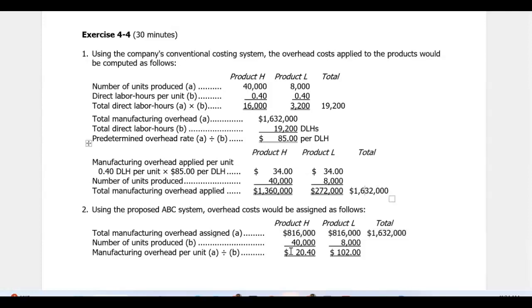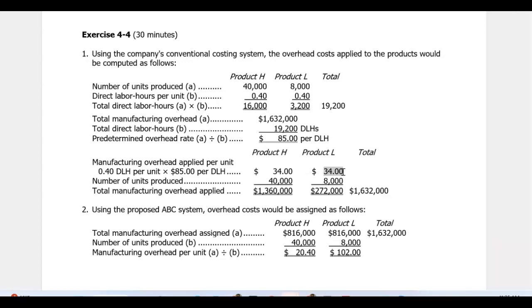The unit production is 40,000 units for product H. That means manufacturing overhead per unit ends up to be $20.40. Based on the regular predetermined rate it was $34, but here all of a sudden it becomes $20. That's about $14 different in manufacturing overhead cost applied to every single unit of product H, and that's significant.